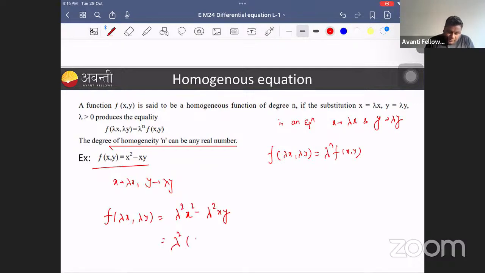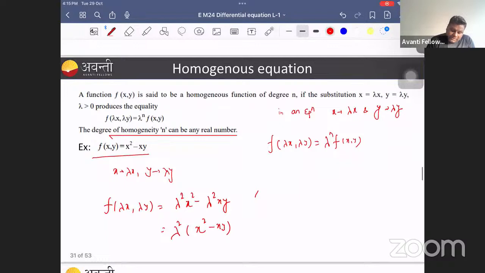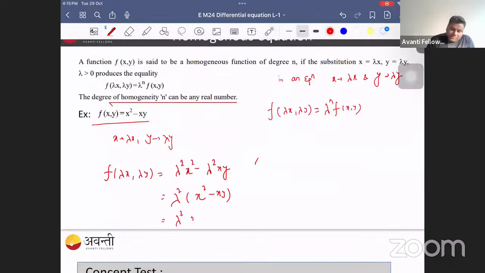Now take lambda square common, you get x square minus xy. So this came what? That is lambda square into f of xy. So since this lambda square came outside, this is a homogeneous function of degree 2. Am I clear?